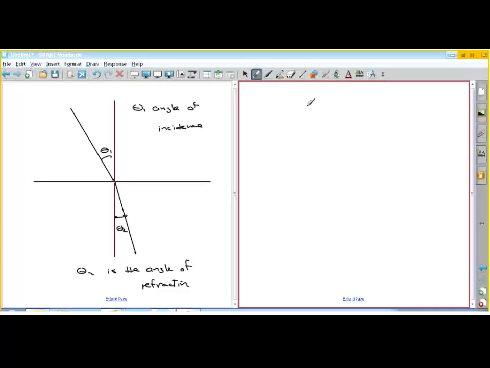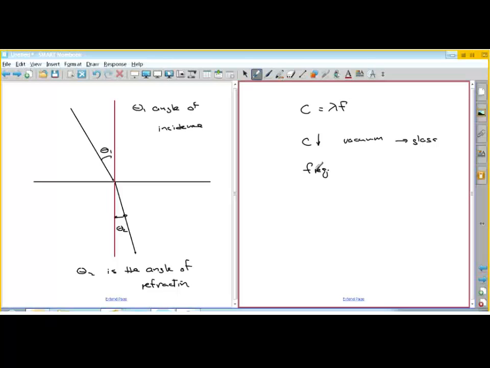If you look at this relationship between speed, wavelength, and frequency, when you go between two materials, say from a vacuum to glass, the speed of light is going to go down. What will happen here is that the frequency doesn't change.